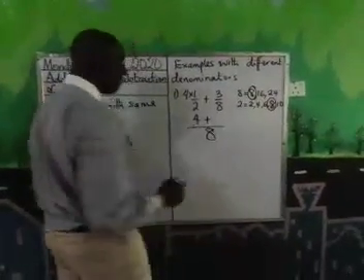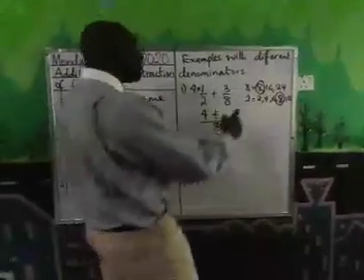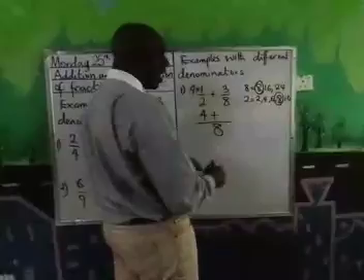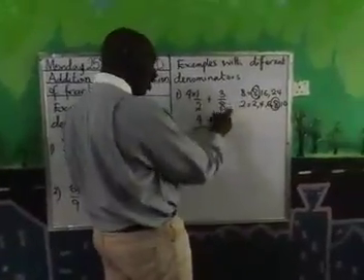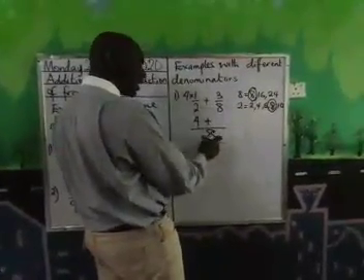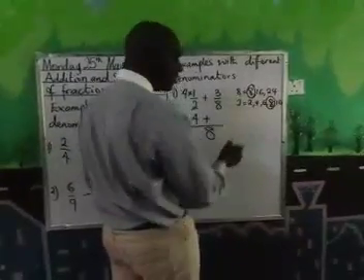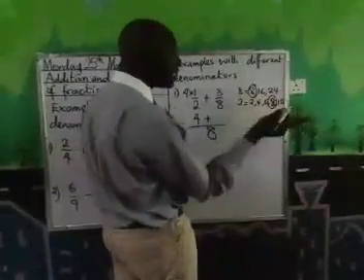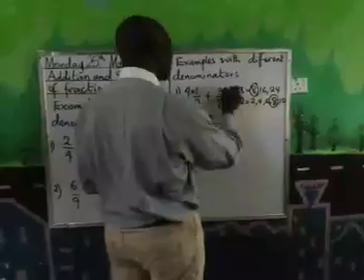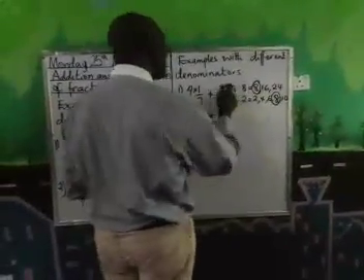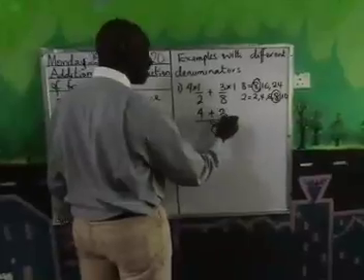Plus, now, how many times can 8 be found here? How many times can it divide itself? Let's go to the multiplication table again. 1. So, do you write your answer immediately? No. Take it upstairs. 1 times 3 is what? 3.